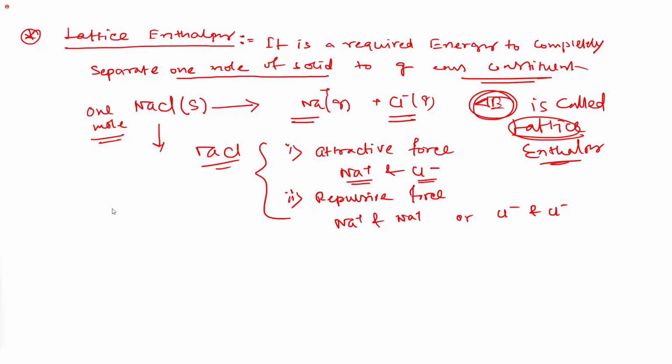So every lattice, whether it is KCl or any other, will have some amount of lattice enthalpy, because we need some amount of energy to break the solid state into the corresponding cations and anions in a gaseous state.